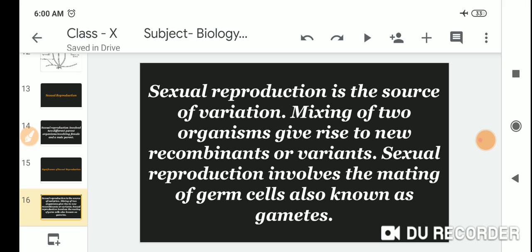Sexual reproduction involves the fusion of germ cells, also known as gametes.